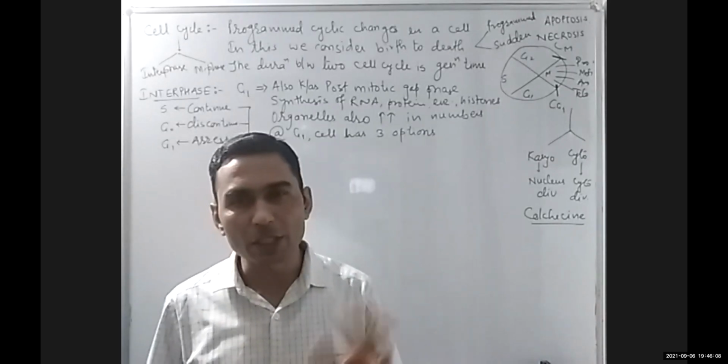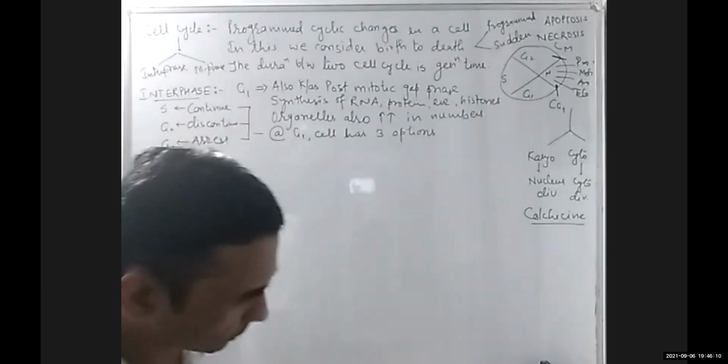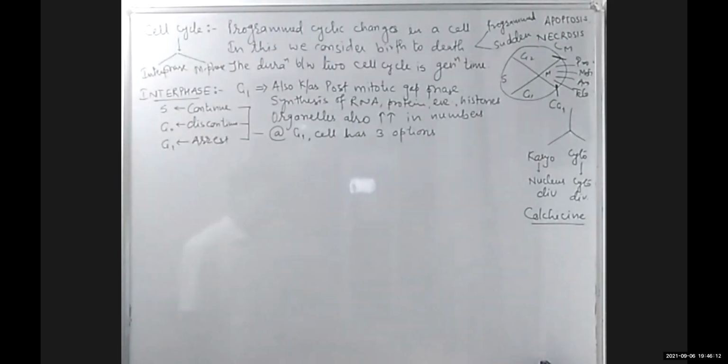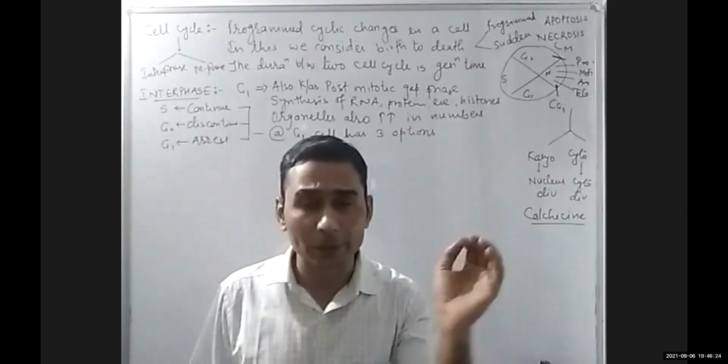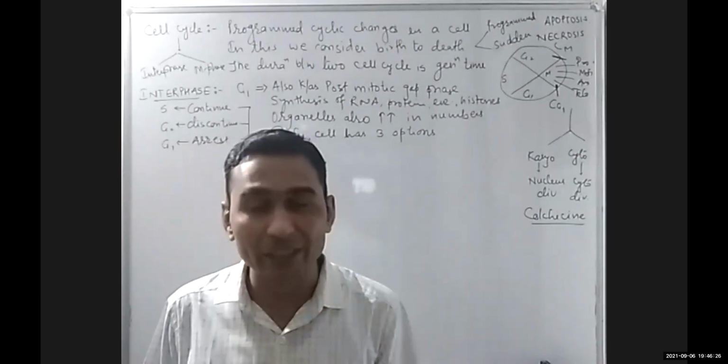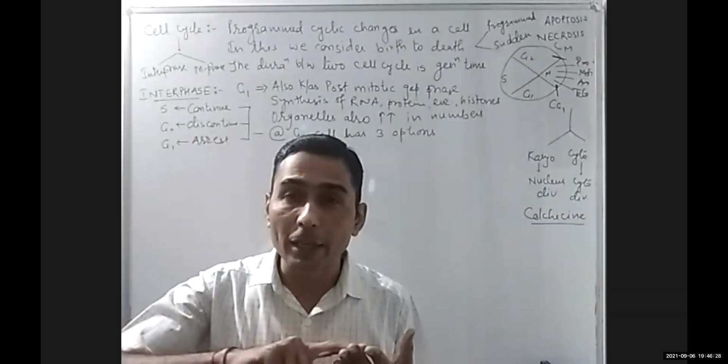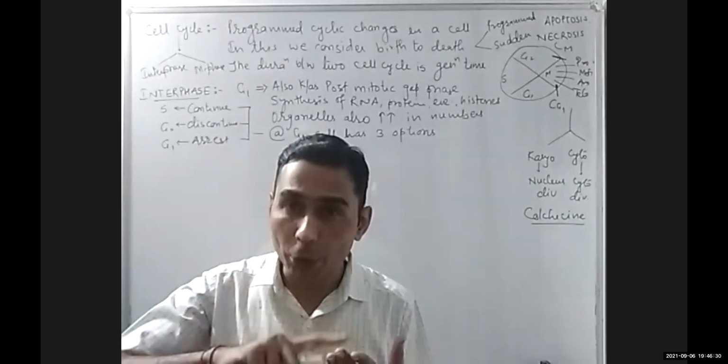Understood? G1, G0 concept understood? Yes, sir. Perfect. So either it continues if energy is sufficient, or it can discontinue, or can arrest, take a pause. Or I should say that every cell has to enter into G0 at least once. But if it enters G1, it decides to continue.